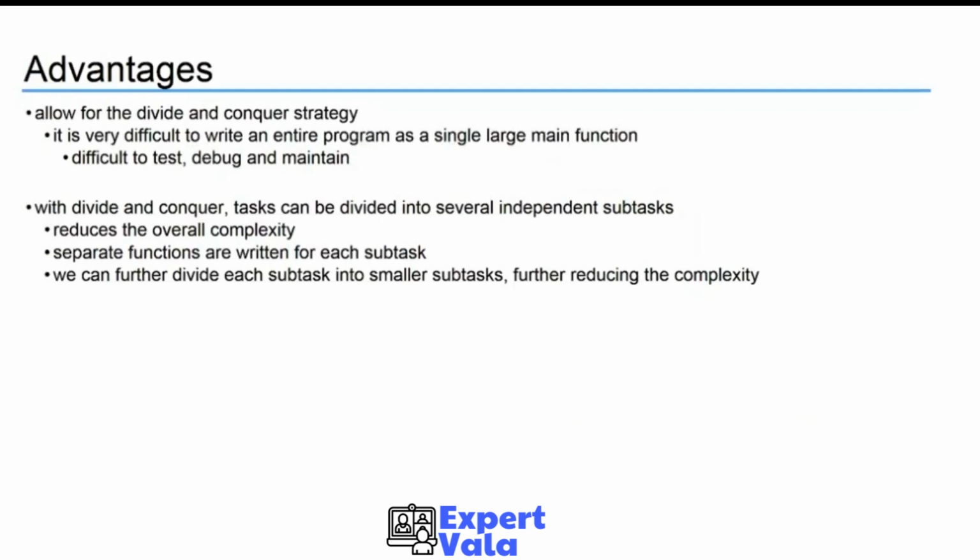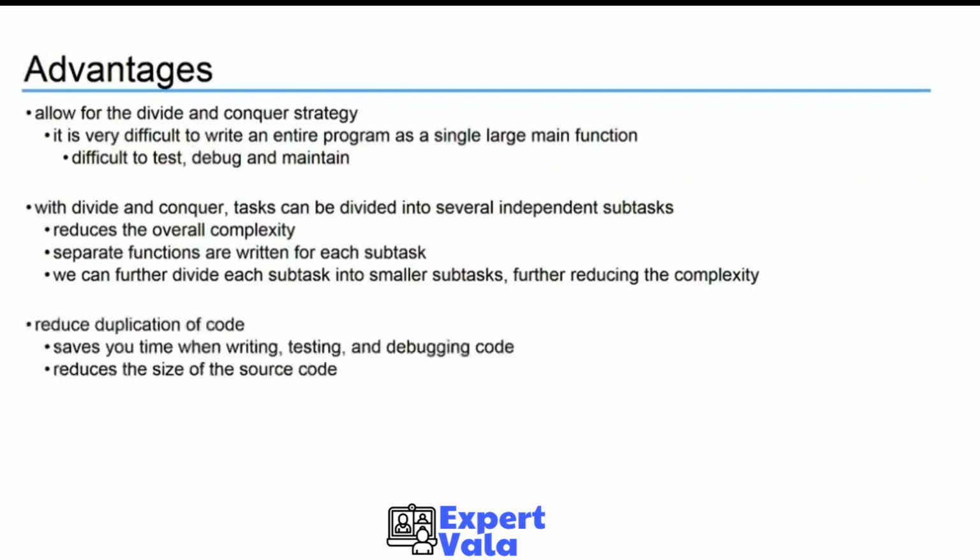Functions need to be small and they need to be very cohesive. But the divide and conquer strategy is really nice because it reduces that complexity. Instead of having a main function with 5,000 lines of code, you can identify problems very quickly.